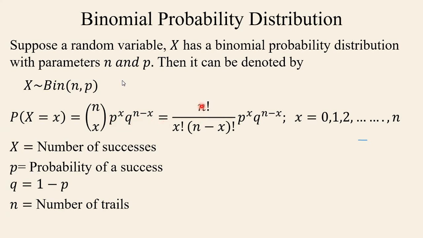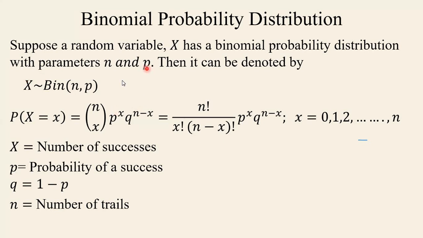That is equal to n factorial divided by x factorial times n minus x factorial, times p to the power x, q to the power n minus x. Here you also have to specify the appropriate values of x: 0, 1, 2 up to n. So if we are asked to define a binomial probability distribution, you have to write all these things. That is the full description of a binomial distribution.